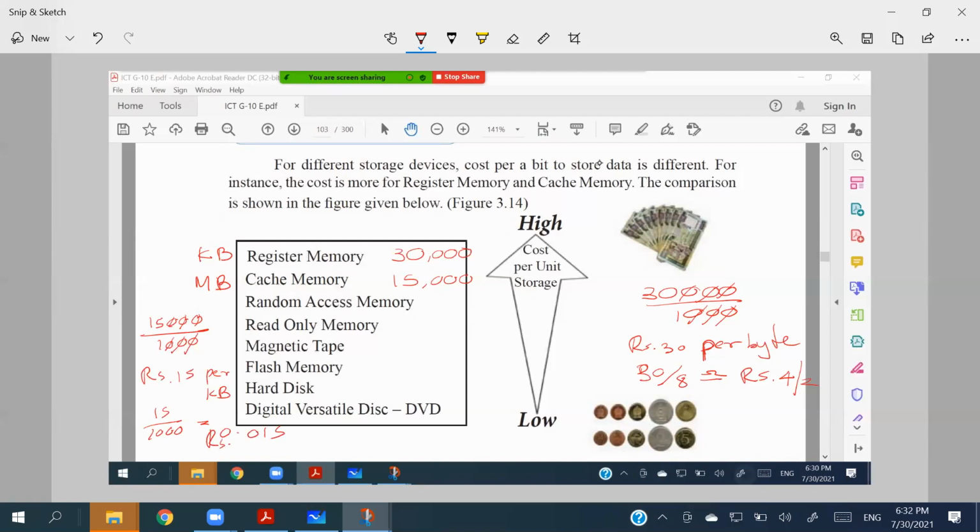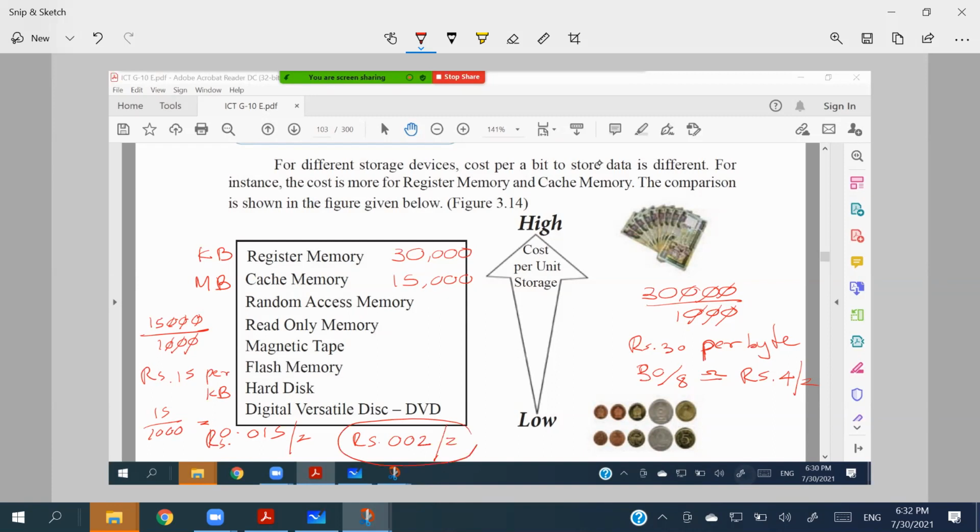So this is the cost per byte. If it goes like that, it's going to cost you a very small fraction of a rupee.